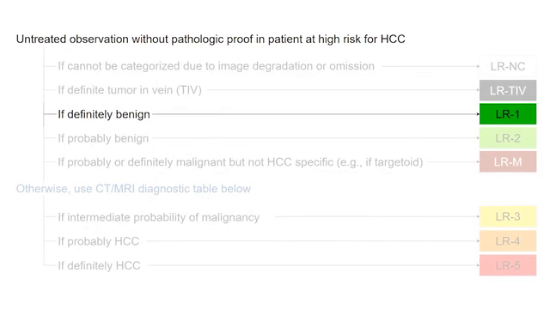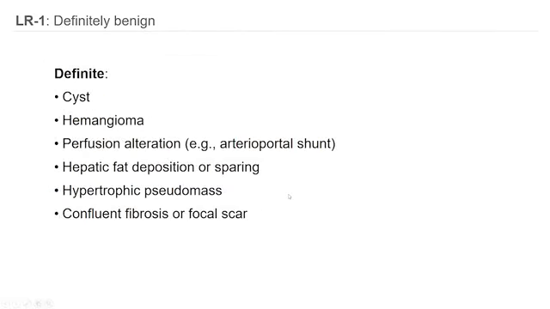The next node in the decision tree: if definitely benign, we assign LR-1. At this point, LI-RADS doesn't provide exact diagnostic criteria for these entities, although these entities and their imaging appearances, particularly in patients with cirrhosis, are discussed in the LI-RADS manual. But we mostly rely on a radiologist's pre-existing knowledge to diagnose these conditions.